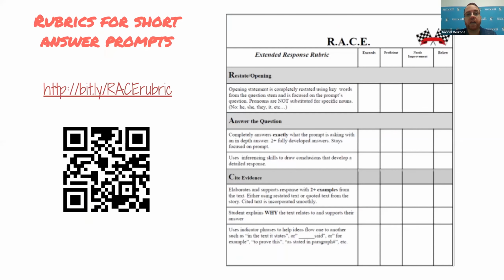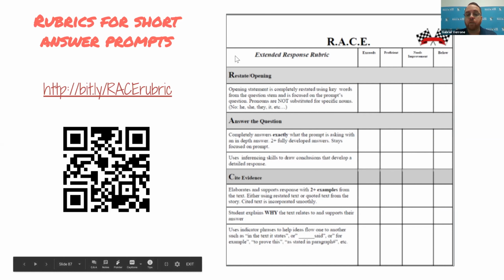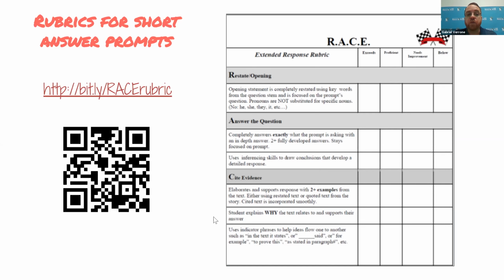Lastly, when we think about editing and revision, I would recommend, this is a RACE rubric, okay? And it allows students to specifically critique their own or each other's written response to a nonfiction prompt, okay? I use this most frequently with science and social studies, or if I had students talking about something in reading that was nonfiction.